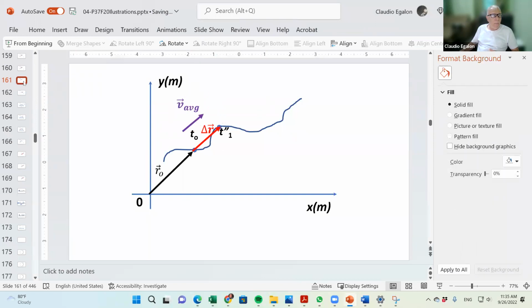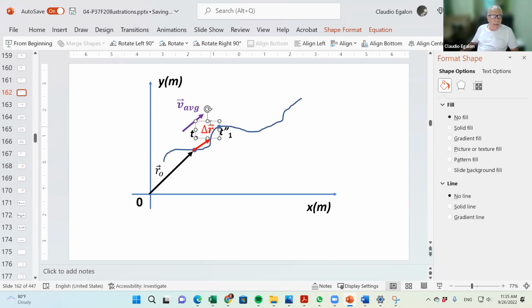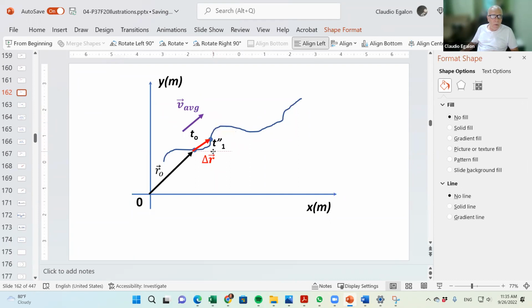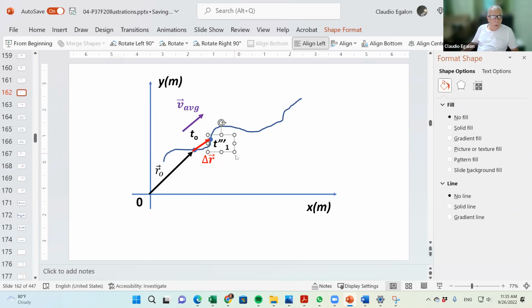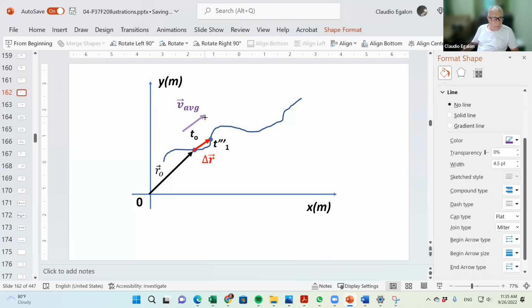We go one more step. I'm making my delta T go to 0. Now delta T goes right here, the position of my particle. Now it's going to be T3 prime 1. Notice that the average velocity is not necessarily decreasing.